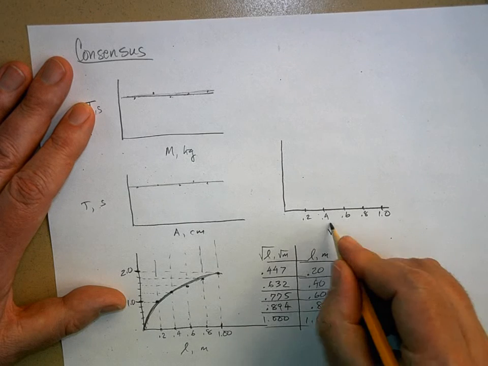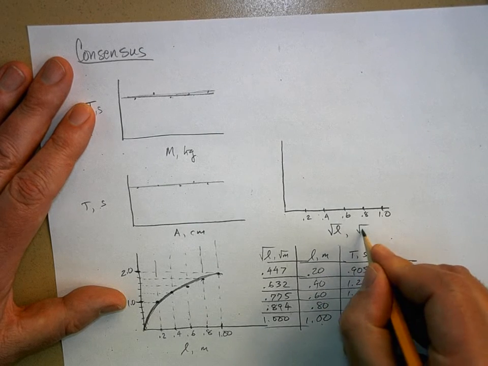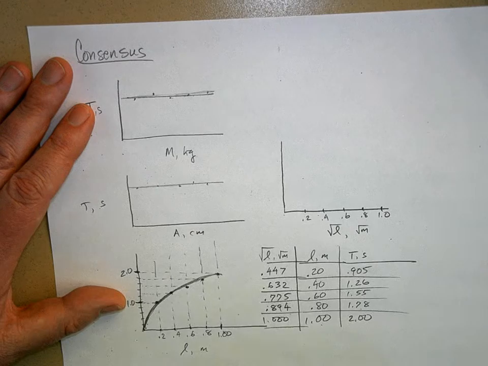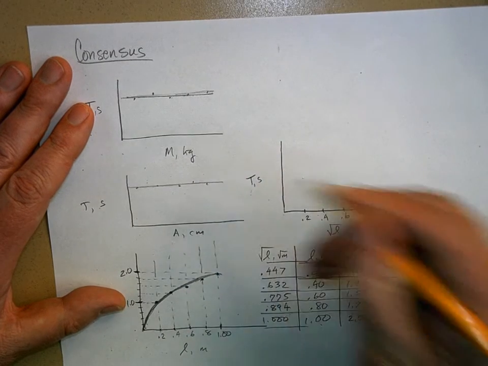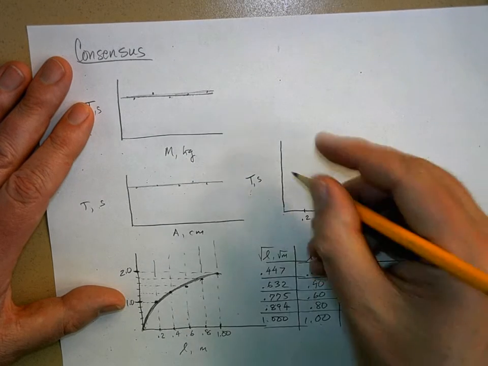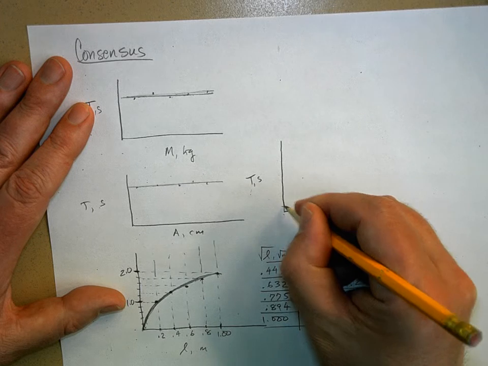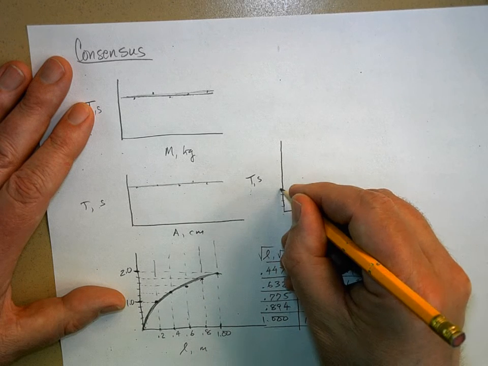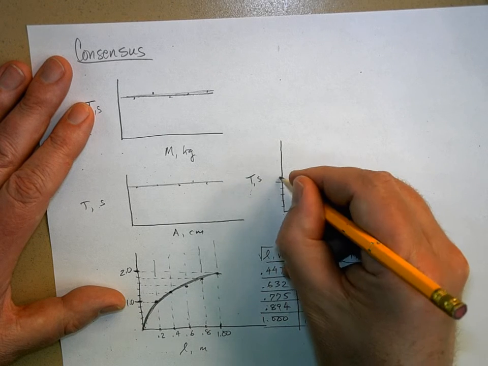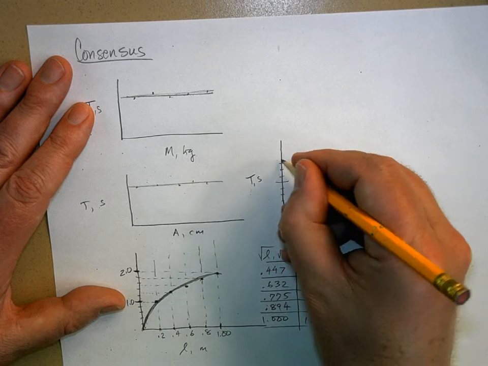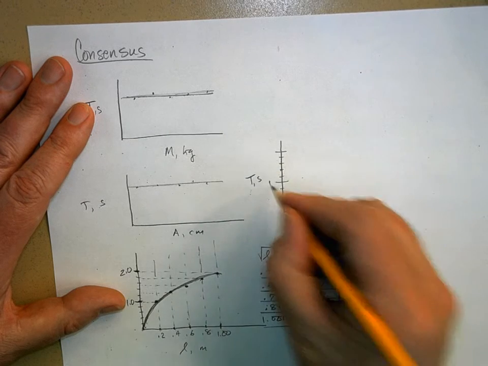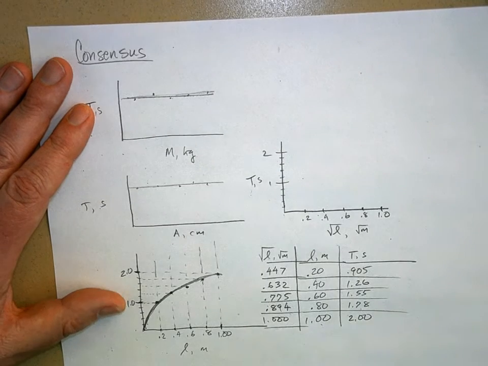This is the square root of L in square root of meters, and this is the period in seconds: 1 second, 2 seconds.